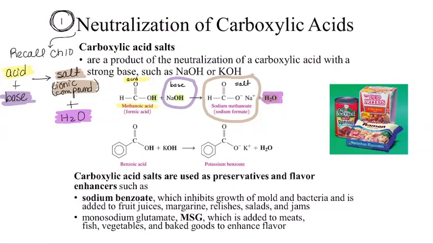Another food preservative that is known is monosodium glutamate, MSG. I don't know who has tried MSG. MSG sometimes is added onto condiments. Now, MSG, which can be added to meat, fish, vegetables, baked goods, it is known that it is going to enhance the flavor of things.